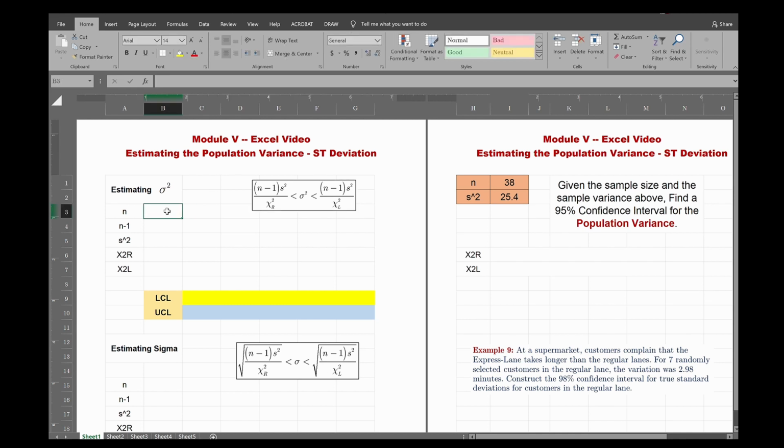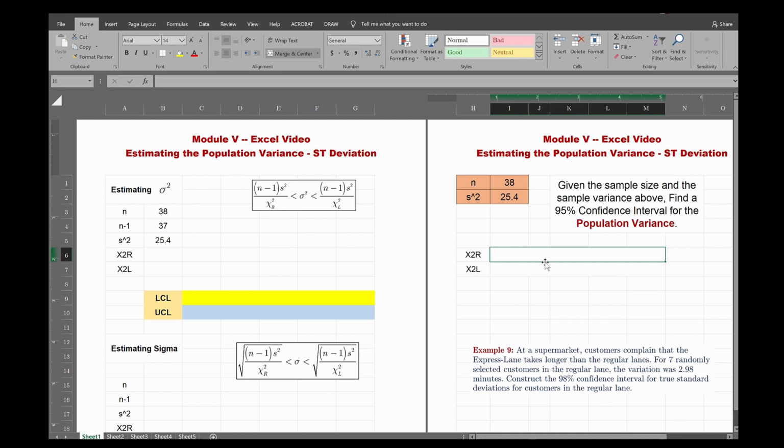Okay, well, let's type what we got. What's n? My n is 38. N minus 1, I need that for the formula, so I need to create it. S squared is 25.4. I don't need to calculate it, it's given. Chi-square right, chi-square left. Now, chi-square right, you've seen it on my lecture video through the PowerPoint.